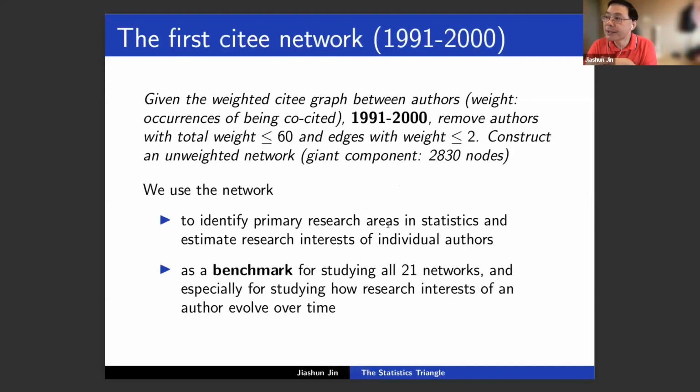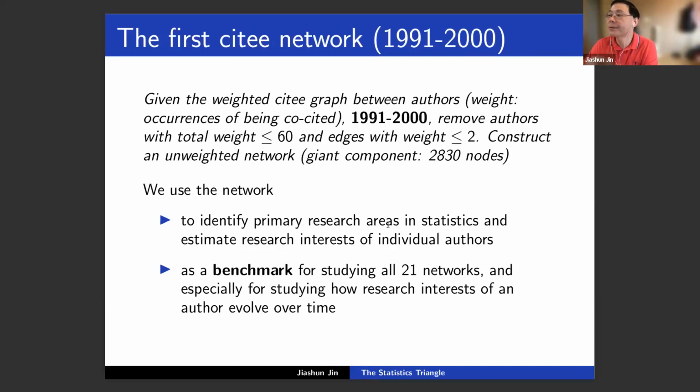The first Scite network from 1991 to 2000 is built as follows, and the other Scite networks are built similarly. Basically, if you fix two authors, these two authors may have many counts of being co-cited. For example, you, Zhihua, and I are cited by other authors a total of, let's say, 80 times.